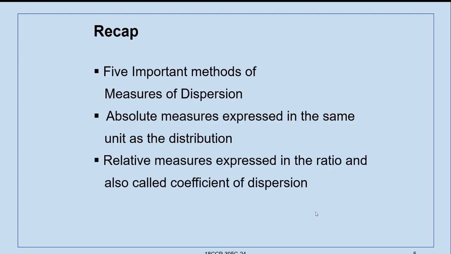And we have also seen 5 important methods of measures of dispersion. All the measures, we have absolute measure and relative measures. We have seen what is absolute and what is relative.